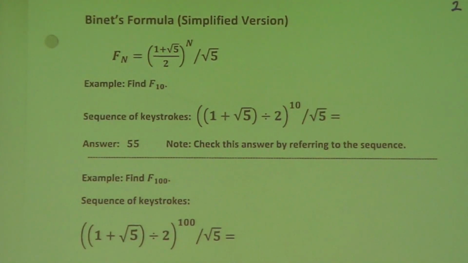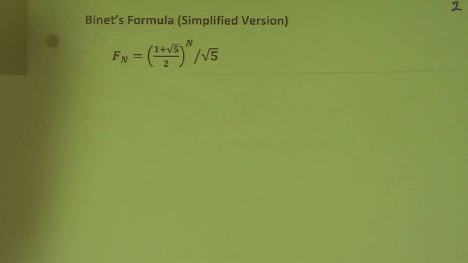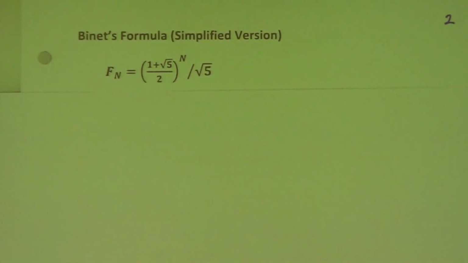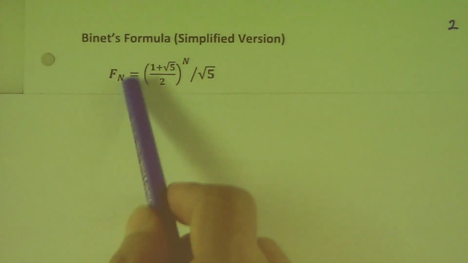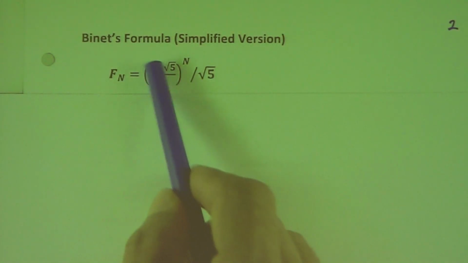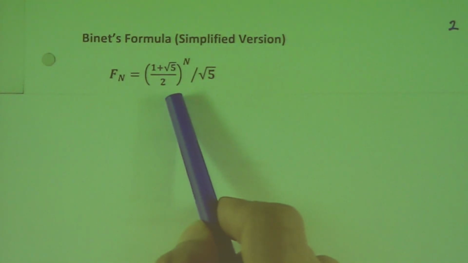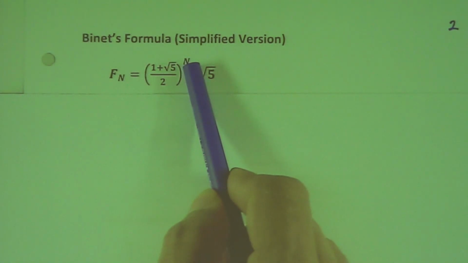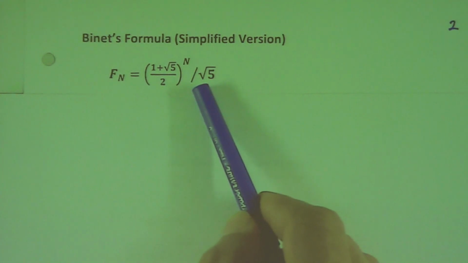So here's how we're going to use Binet's formula. To find the nth Fibonacci number, you're going to use that expression to the nth power, and you're going to divide by the square root of 5.